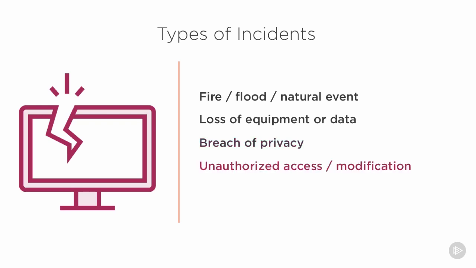There's the problem of unauthorized access to our systems or improper modification of some of our data, as well as, of course, the problem of theft. Theft of equipment, theft of any type of those IT assets we are using to operate our systems and support business operations.